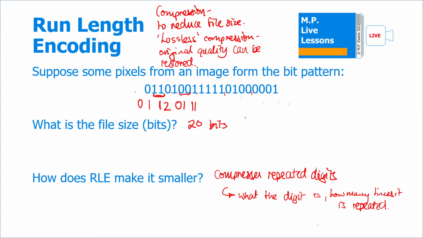Then 2 zeros would be 0, and that appears twice, or 2. Now we got 5 ones, and that is simply a 1 repeated 5 times. Then we got a single 0, single 1. Now we got 5 zeros, and there's a single 1 at the end.